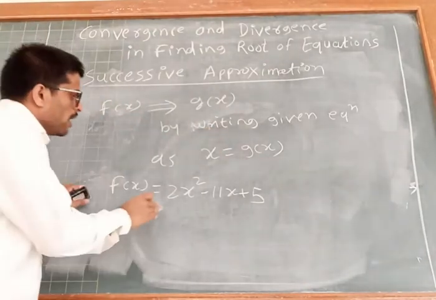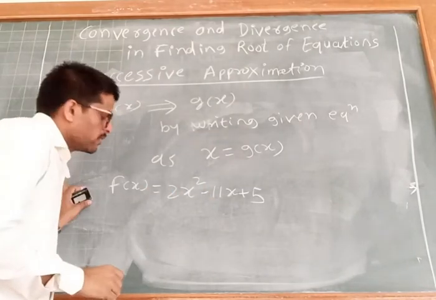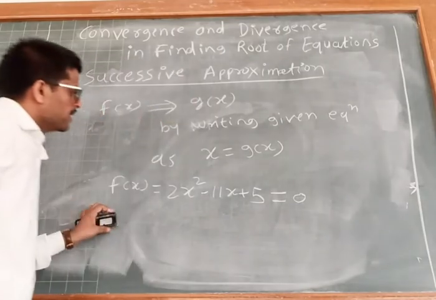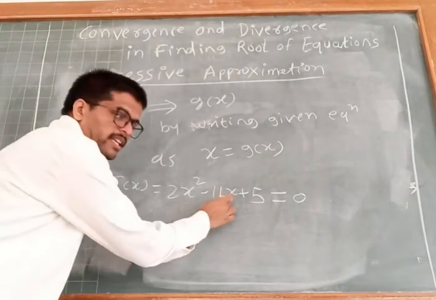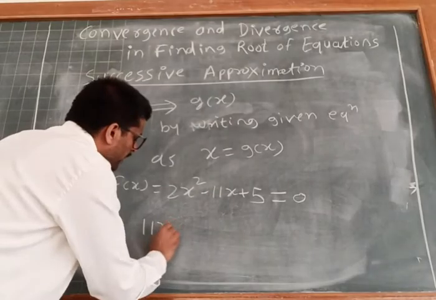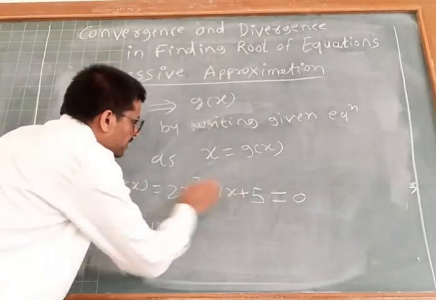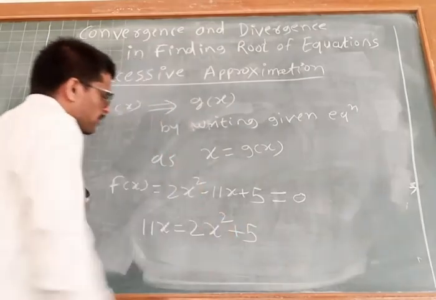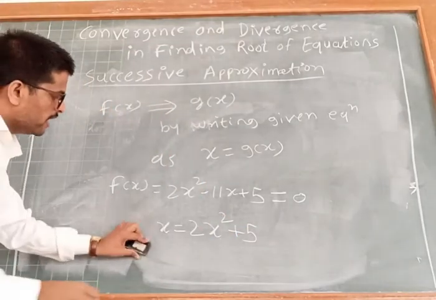Now we can rewrite this equation. If I write it equal to 0, then we can rewrite it by taking x on one side. So if I take 11x on this side, the 11x is on one side, and here it remains 2x square plus 5. Again I can take this 11 on this side.